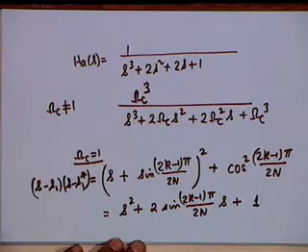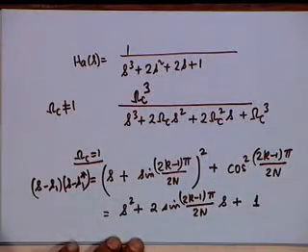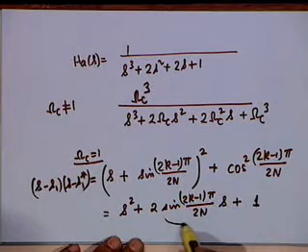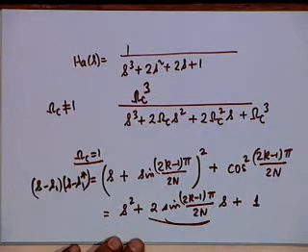And therefore, one need not even find the location of the poles. If one knows the order and omega c, one may write the transfer function directly. All that you have to compute is these factors, twice sine 2k minus 1 pi by 2n.